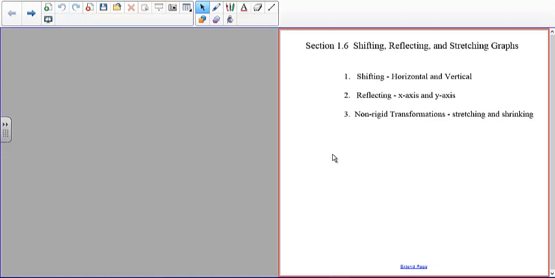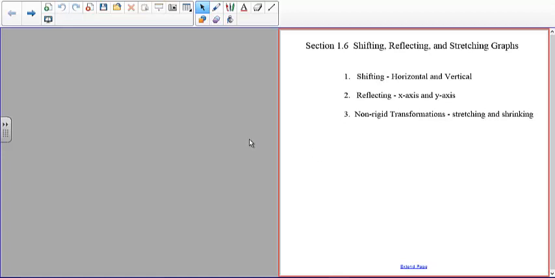And what these are doing is basically taking the parent function and shifting it horizontally or vertically, reflecting it across either the X or Y axis, and then stretching or shrinking the function depending upon the values compared to the parent function.